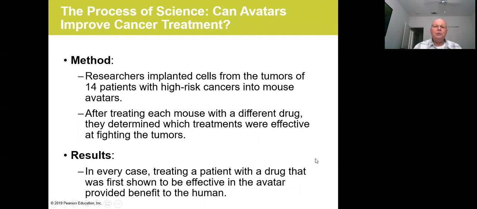And so once you have the tumors growing on the backs of these mice, you can then give the mice the different combinations of drugs that you want to use or you suspect might be useful against a particular type of cancer that you've placed on this mouse.